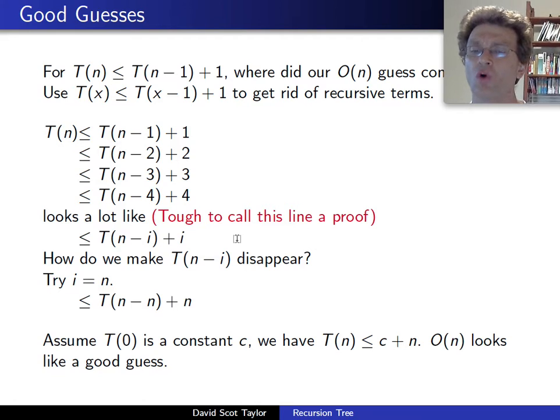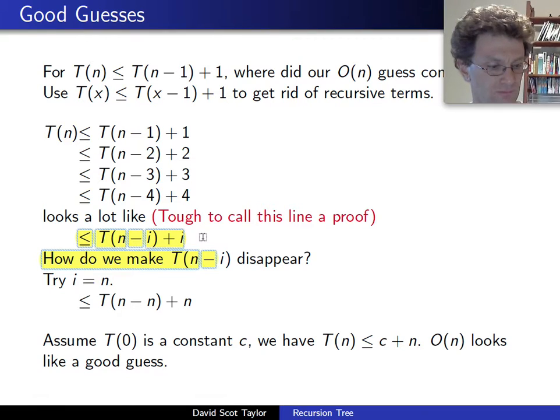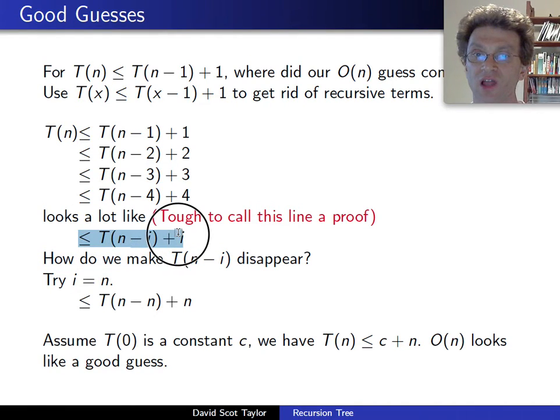So it's tough to call that line a proof. Now what we could do is prove that this thing holds, prove that this line holds. We could prove that inductively. And besides that one line, everything else here looks like a fine proof.